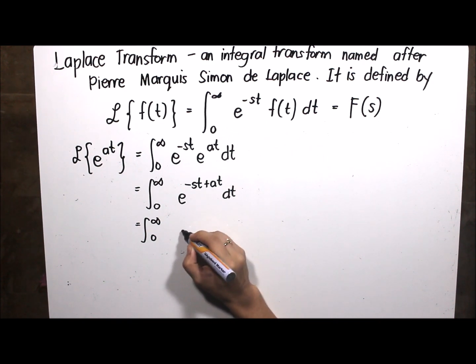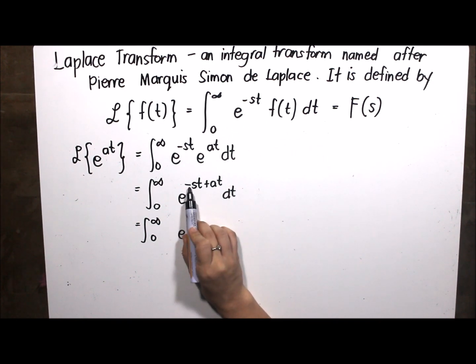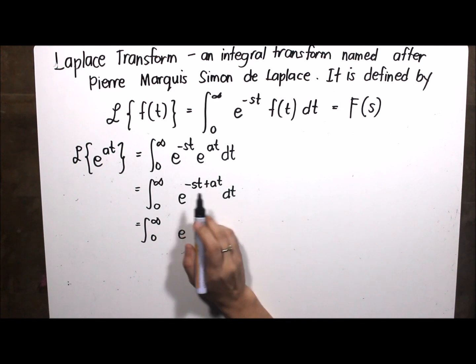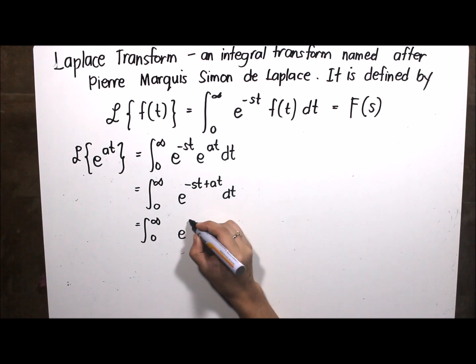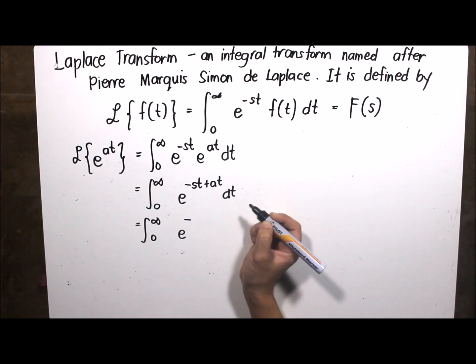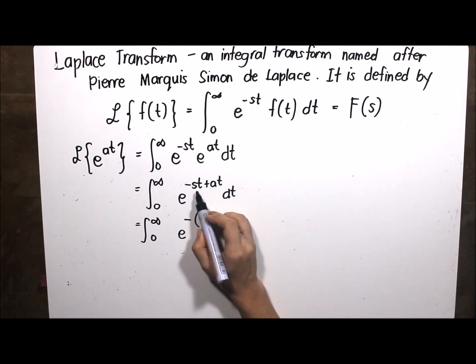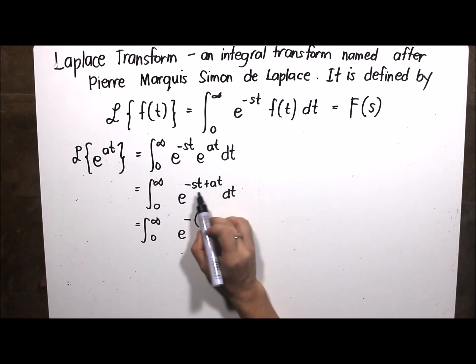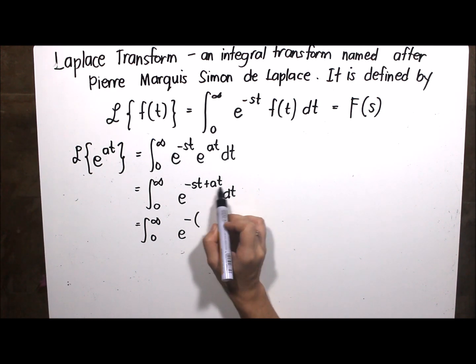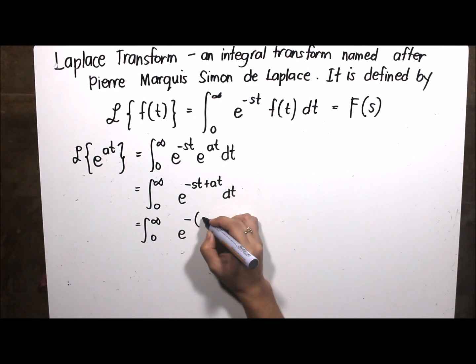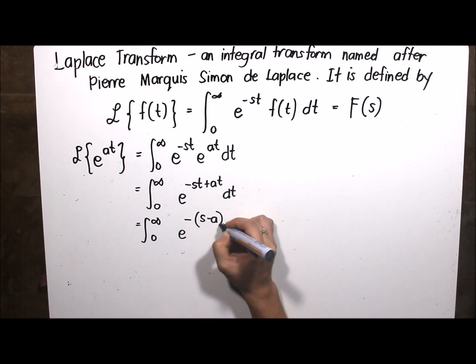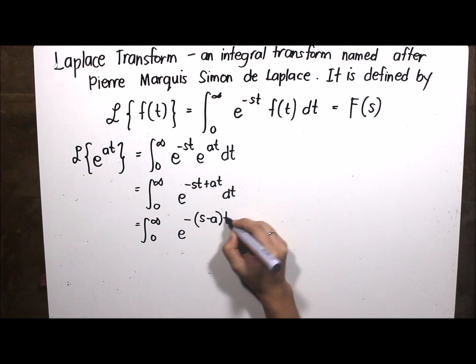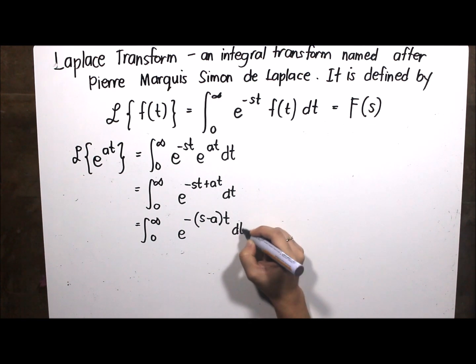So, ang gagawin natin, we will have e, maglalabas tayo ng negative term, that will be we can factor out negative 1, magiging positive na to, this will become negative. At the same time, we can also factor out the same variable t. So, we'll have positive s minus a. Pinactor out si t. dt.